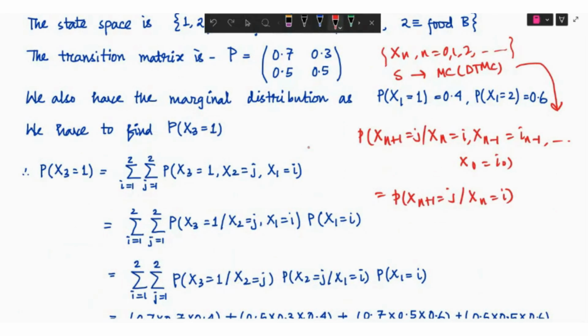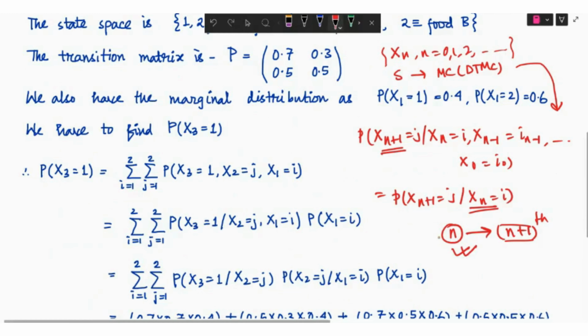That is, the future event Xn+1 depends only on the present and not on the further past. That is, the nth event only affects the (n+1)th event and not n+2, n+3 and so on. This is basically the essence of a Markov chain. This is true for all n, and for all i, j, i(n-1) up to i0 belonging to the state space S.